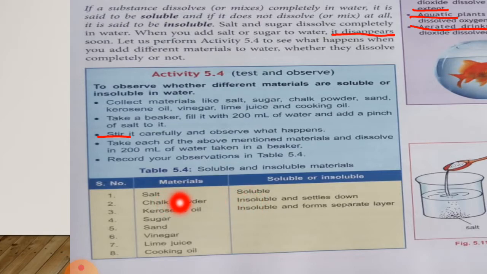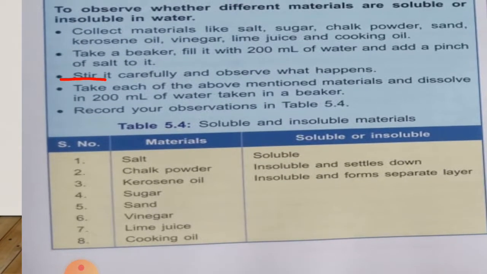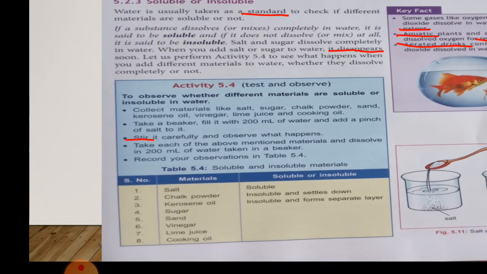Vinegar is soluble. Now lime water is slightly soluble, not completely, just slightly soluble. Cooking oil, okay, insoluble and forms separate layer like kerosene oil. Is that clear?